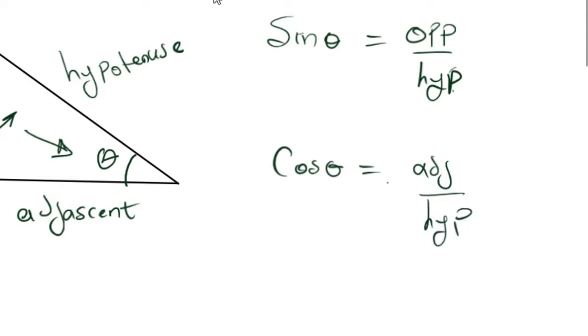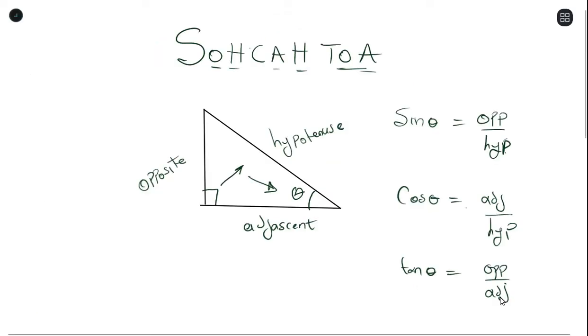And finally, the TOA part can be represented as opposite over adjacent. And you always use these trig ratios to find the values of angles, the values of a side, whenever you have a right angle triangle.